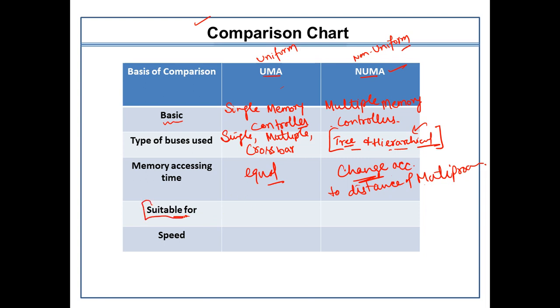Now, which are the conditions suitable for UMA and NUMA? Basically, I can use UMA for general purposes, right? If my purpose is just normal use, and even the time sharing approach is followed here because each and every processor is given equal time to access the memory. So these are the two cases for which we can use UMA.